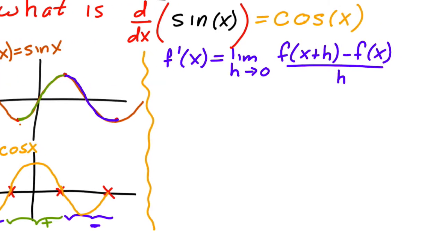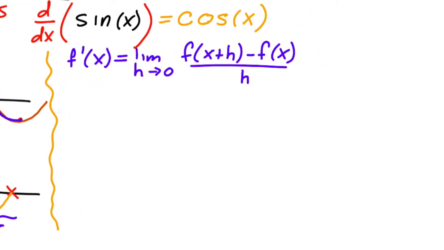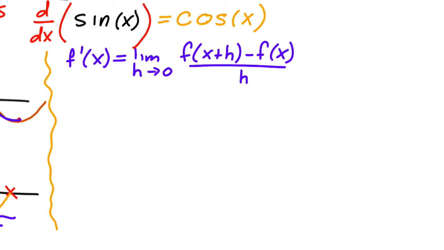Okay, so let's get a little bit more space over here. Alright, so I'm going to use the definition of the derivative to write down the derivative of this guy.